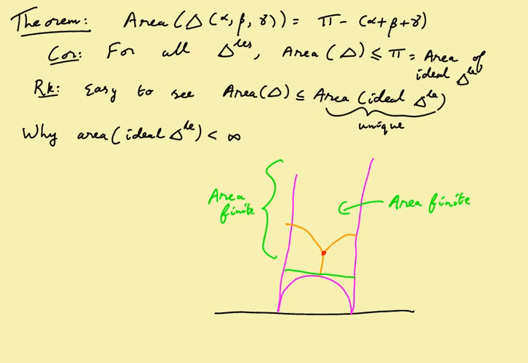Well, what is this area? Let me just clarify here. This point here is i, which is 1 times i, that is, the y coordinate is 1, and this goes off to infinity. So this point has to be just 1, and this point has to be minus 1. So what is this area?